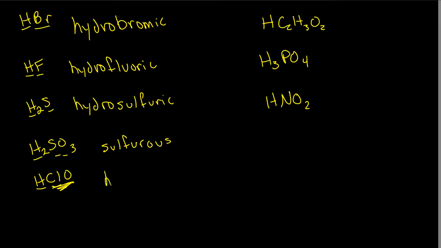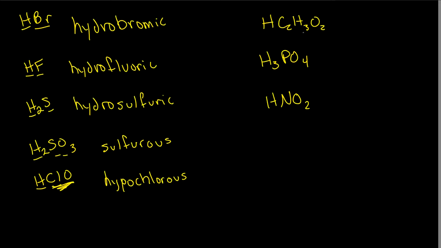HClO is hypochlorite. Don't confuse hypo and hydro later down the line. So we got to change this ITE ending to OUS. So hypochlorite becomes hypochlorous acid.